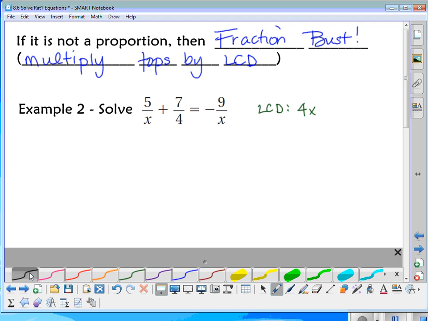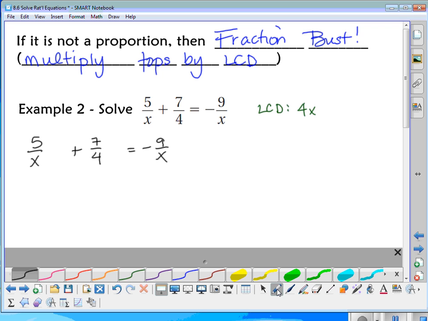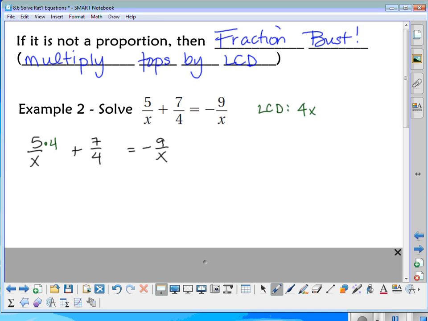So what I'm going to do, I'll give myself some more room here when I rewrite it. 5 over x plus 7 over 4 equals negative 9 over x. I'm just multiplying the numerator times the lowest common denominator. If you want to imagine it's over 1, you can, or if you want to imagine, like just stretch out the fraction, however you want to see it, is fine.